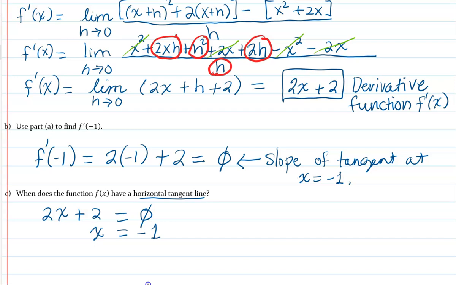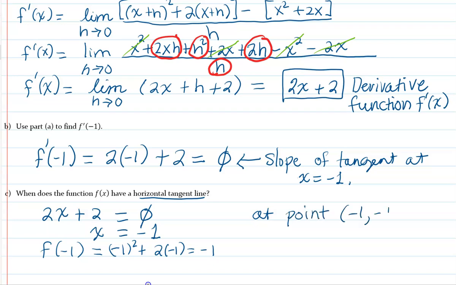So when does f of x have a horizontal tangent line? When x is -1. Or if we want to really say a point on the graph, we would ask, what is f of -1? That would be -1 squared plus 2 times -1, and that would be -1. So the horizontal tangent line happens at the point (-1, -1).